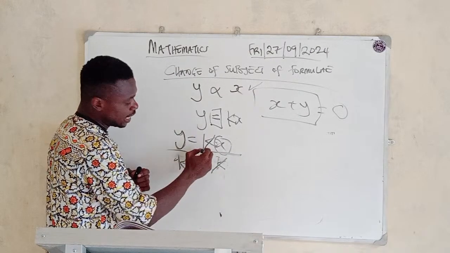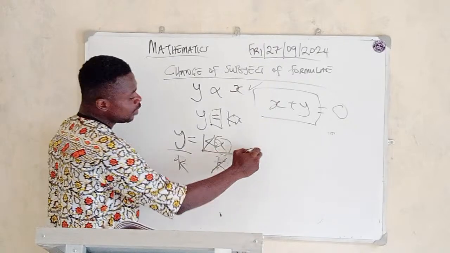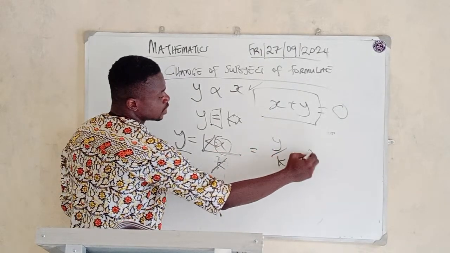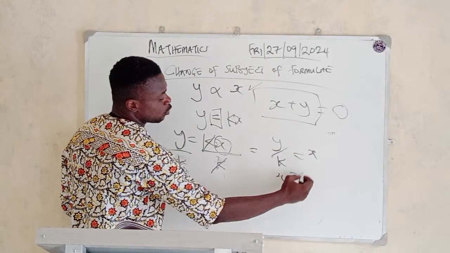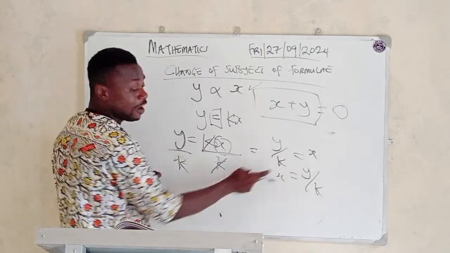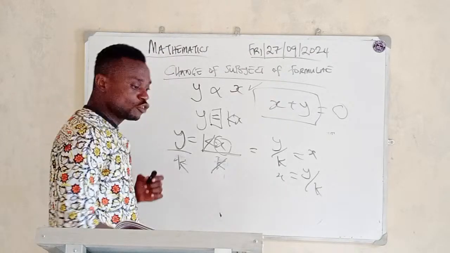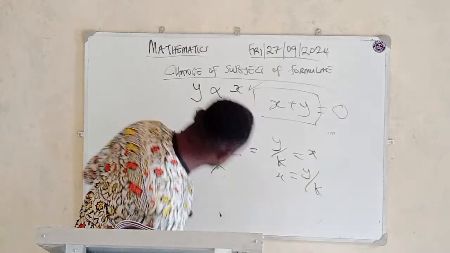K will cancel k here, and you are left with y over k is equal to x. That means x is equal to y over k. You have freed x. Am I communicating?